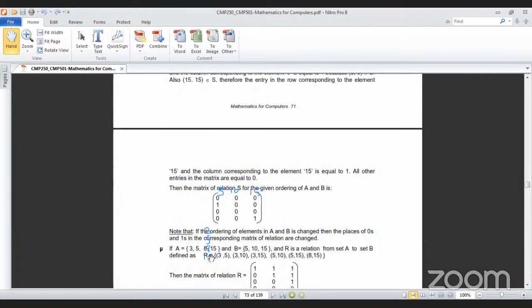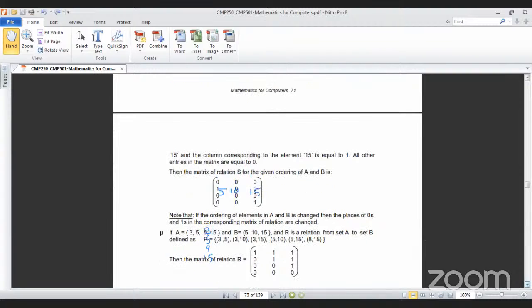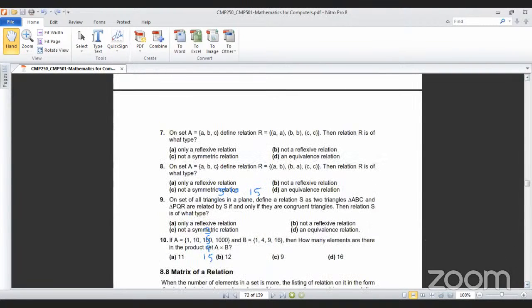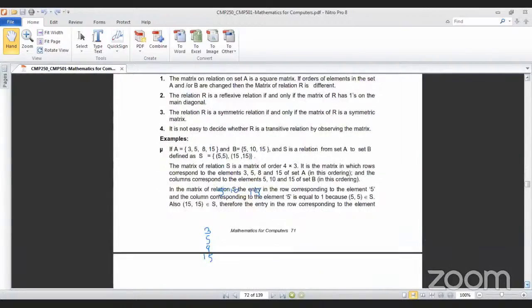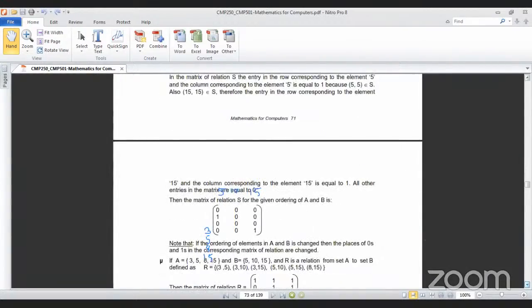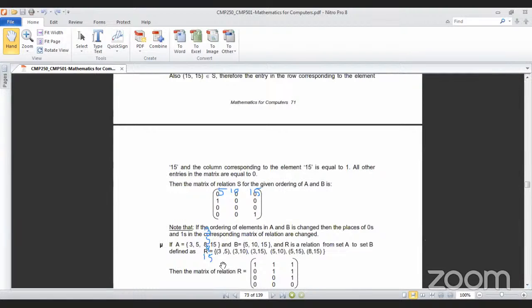Sorry for that. Still you can understand, right? What I'm trying to say. Here will be 5, 10, 15, and here 3, 5, 8 and 15.